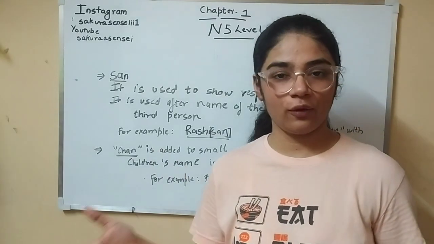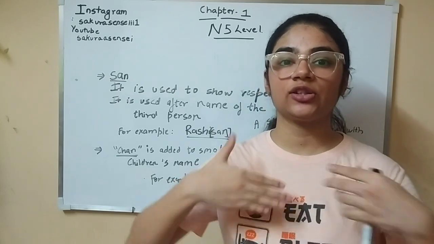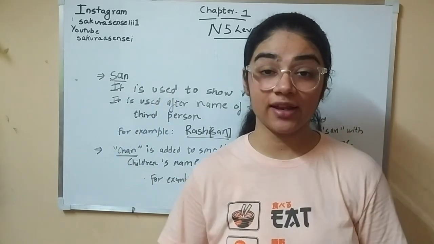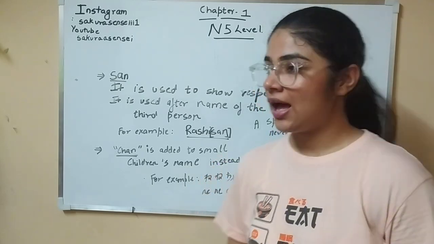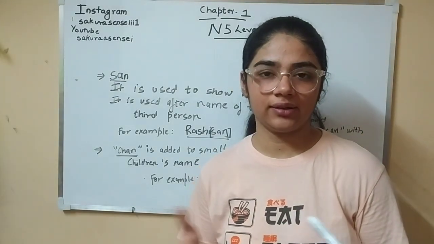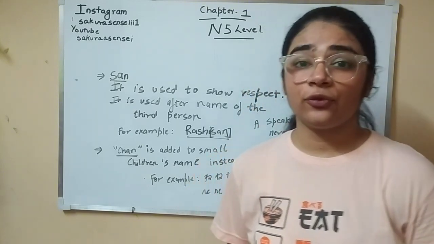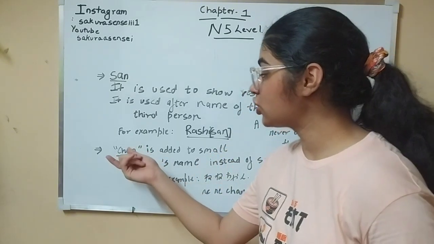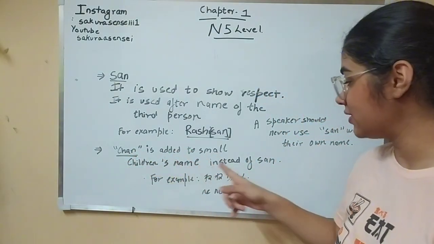Japanese people often use name with san to be respectful towards the other person, and make sure that you don't use san with your own name. San is for people who are adults or in their teenage years, and for small children we use chan. Chan is added to small children's names instead of san.